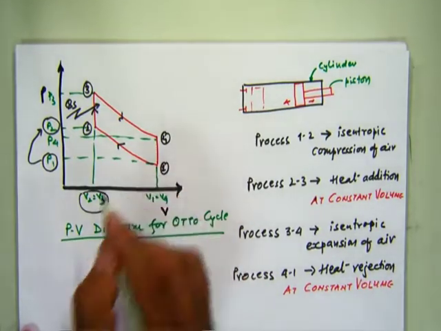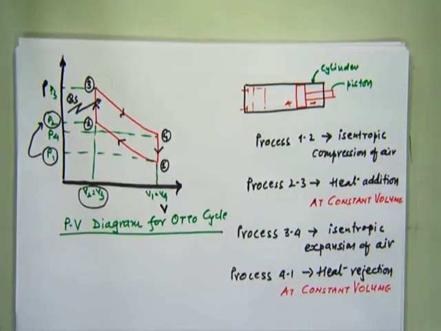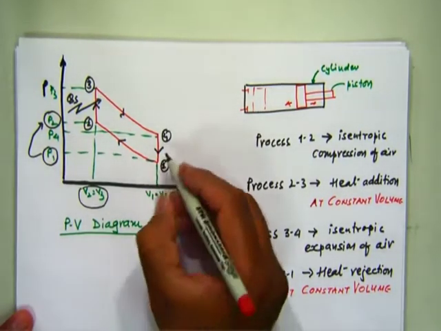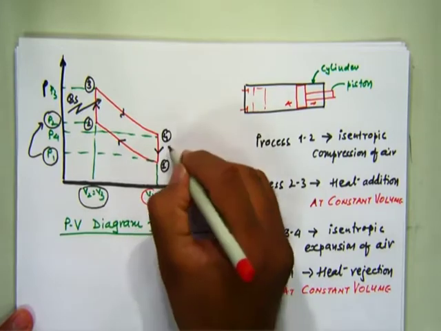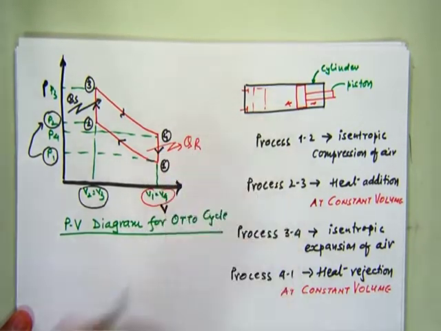That is process 4-1, heat rejection at constant volume. Heat is rejected, QR, at constant volume.